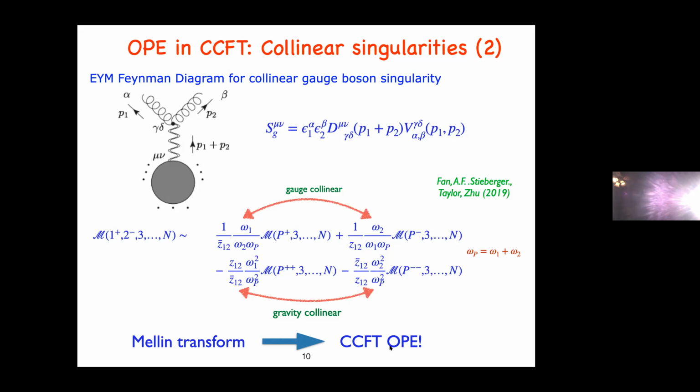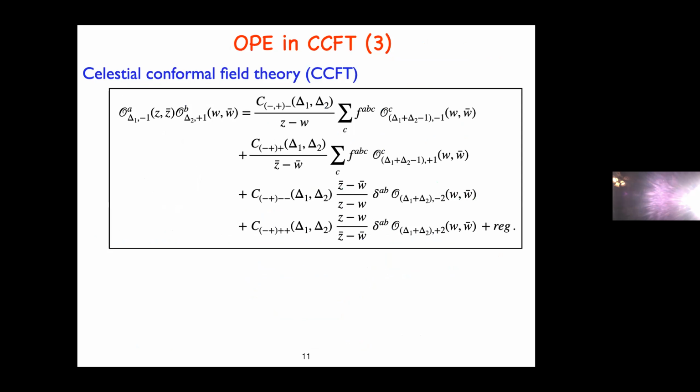And indeed, the only thing you need to do in this expression is to take the Mellin transform. If you take the Mellin transform of the previous expression, this is equivalent to saying that two celestial CFT operators with spin -1 and spin +1, when they approach each other, have an operator product expansion that can give you, by the way, these indices A, B and C are color indices and described with gluons.